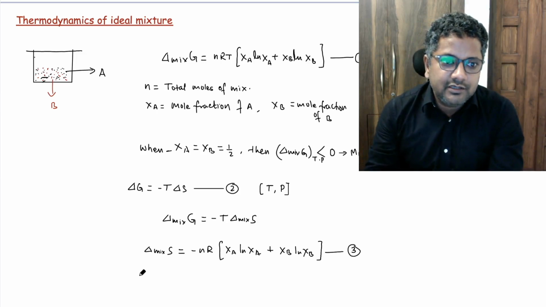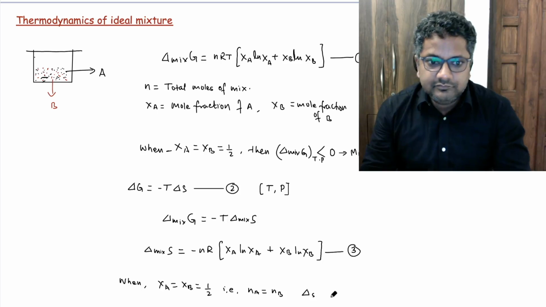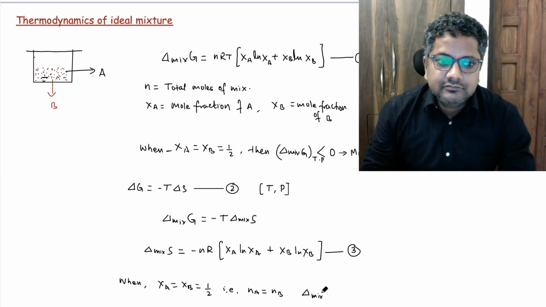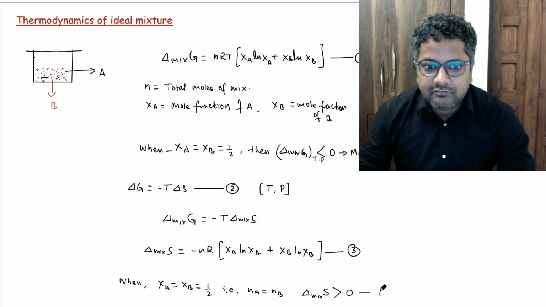Same story here. When XA is equal to XB is equal to 1 by 2, that is, you can say nA is equal to nB, the delta S mixing is greater than 0, meaning maximum.